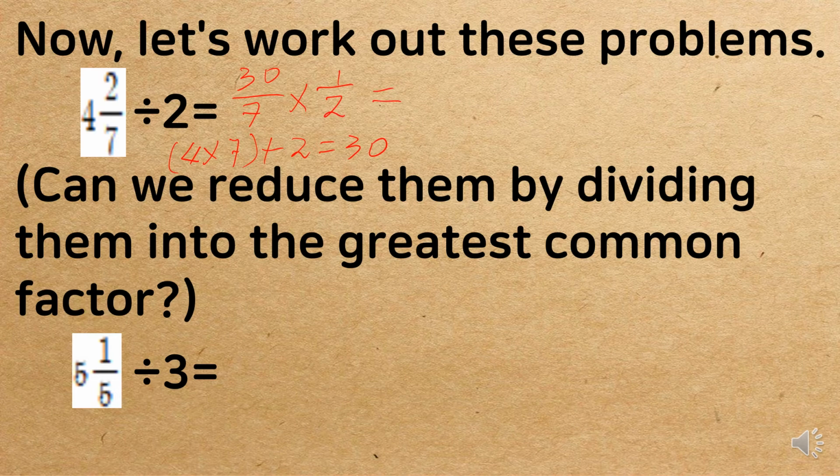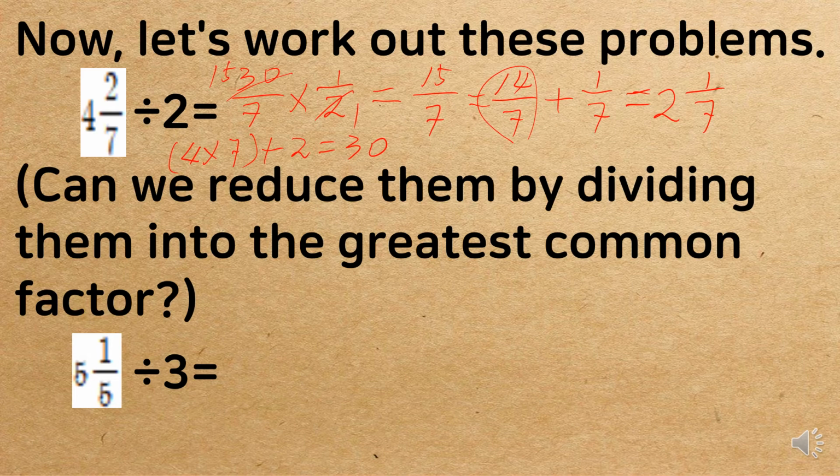Can we reduce by dividing by the greatest common factor? 2 and 30's common factor is 2. So 1 and 15. 15 over 7 is 14 over 7 plus a seventh. Then this improper fraction becomes 2 and a seventh.